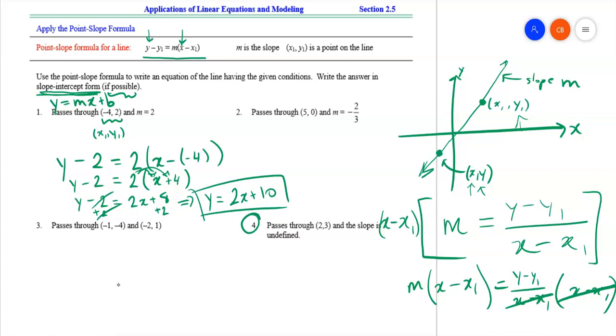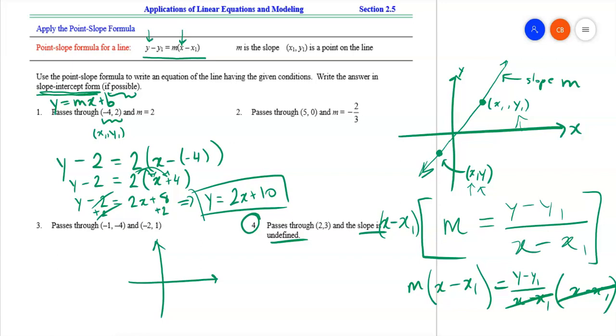Now, I want to think about number 4, what is the deal with this one where it says the slope is undefined? Just think back for a second, which type of line has an undefined slope? Recall the formula for the slope: in the denominator is the difference of the x values.